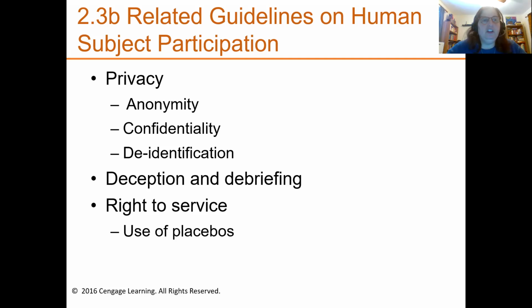I did a study a little while back that wanted to look at how you establish anonymity across a longitudinal study, right? So across a study that has more than one time point. The problem is you need to be able to attach person one's data from time one to person one's data for time two, but you want to keep them anonymous. So how are you going to do this?